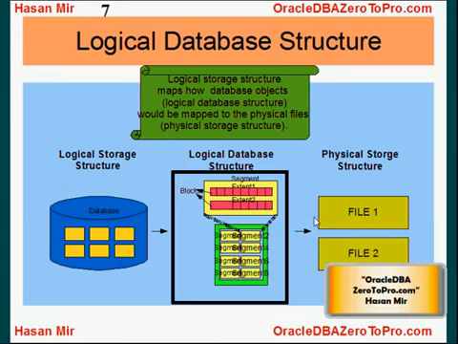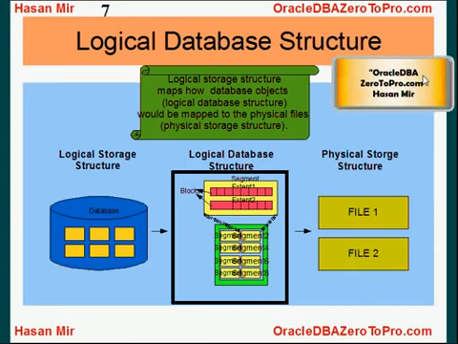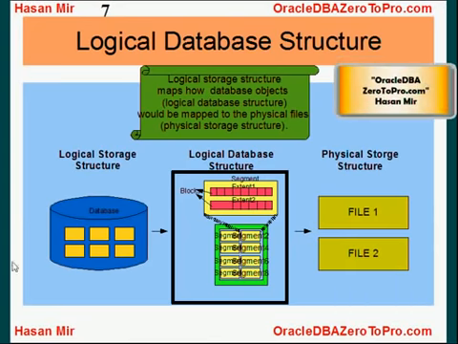Okay, so this is the diagram that completes the whole picture. On the left side we have database objects, on the right side we have files, and in the middle we have a storage structure. Now, which file this table and view will end up in will be addressed by the storage structure.